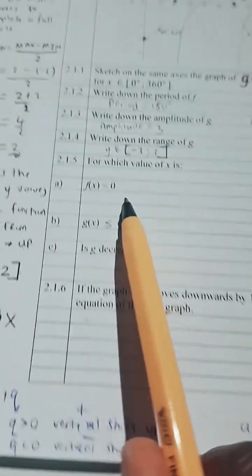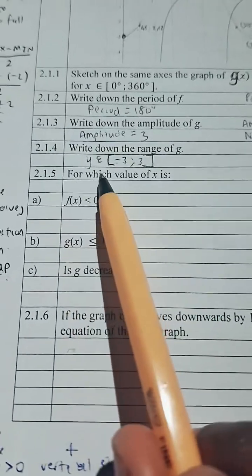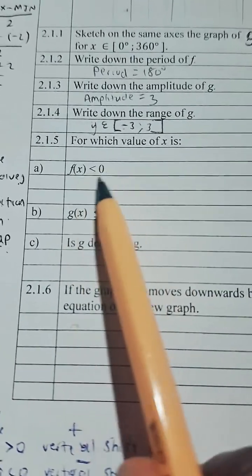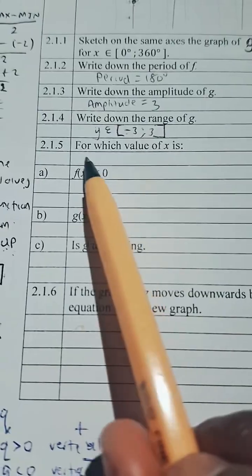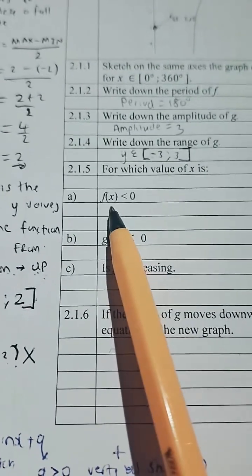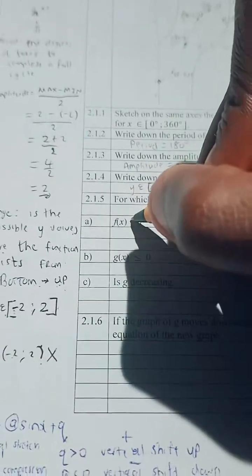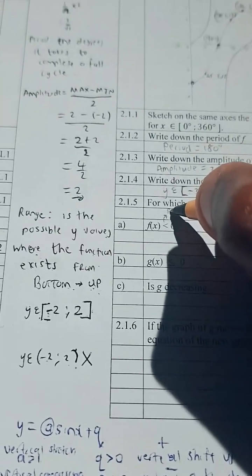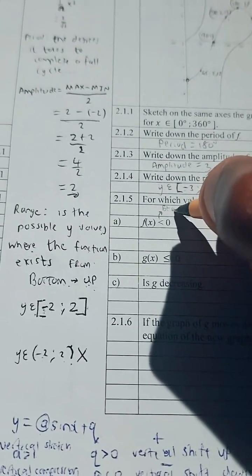Okay, guys, let's move on to 2.1.5. For which values of x is f of x less than 0? Now remember, who is f? F is the tan graph. Now we are asking, where is this function? Remember, what did we say less than means? It means below or underneath.